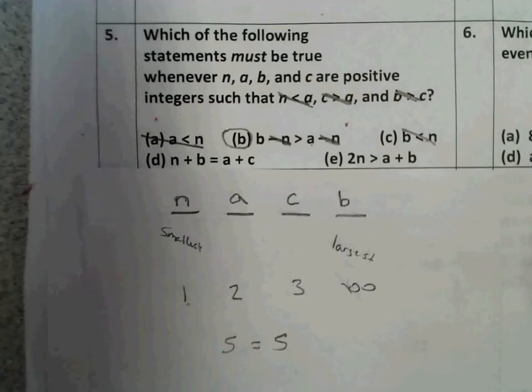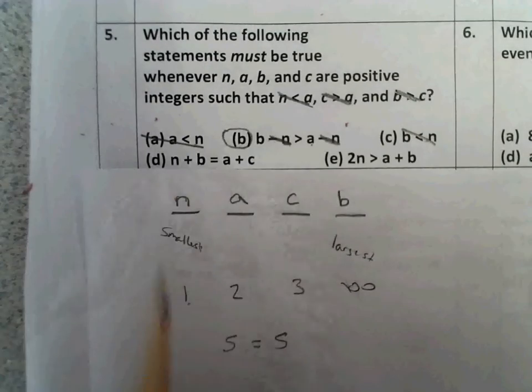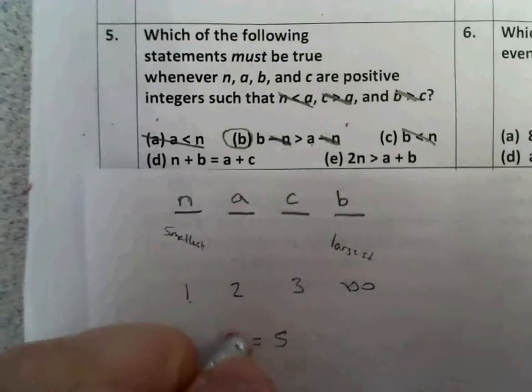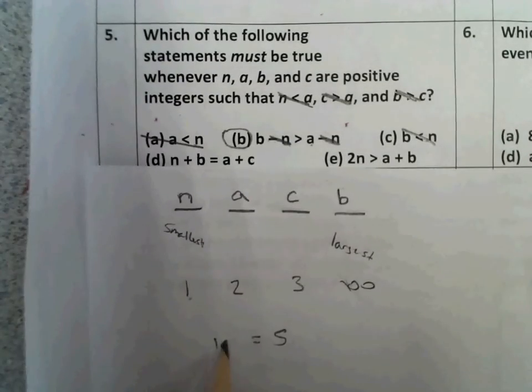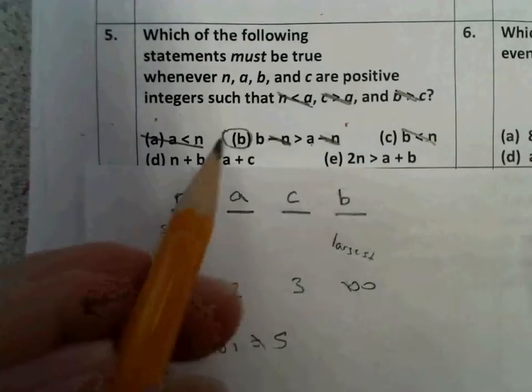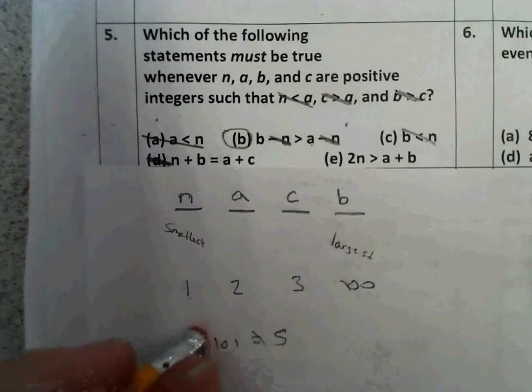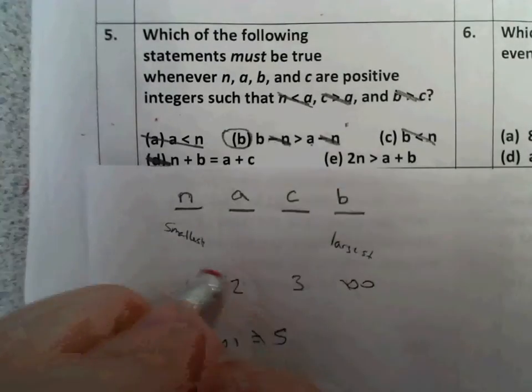We just have to know what order they're in. So n plus b would be 101. And that does not equal 2 plus 3. So yeah, it could be true, but we don't know what the numbers are specifically, so we don't know that it's true. So we can't say that it must be true. We could say it could be if they asked us, but it doesn't have to be.